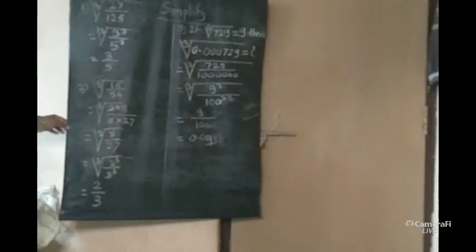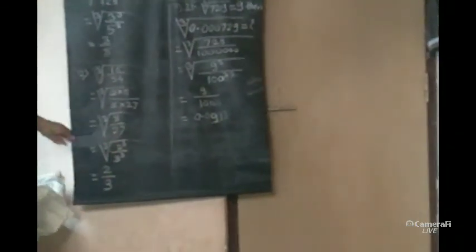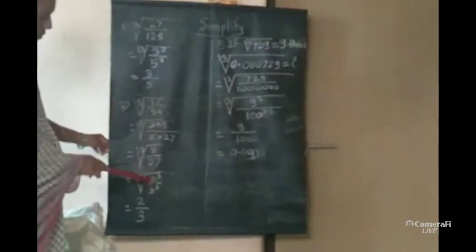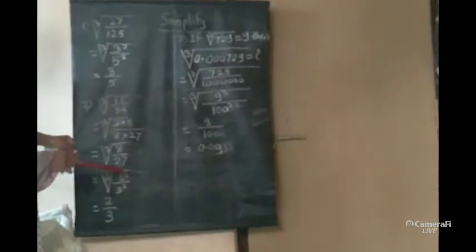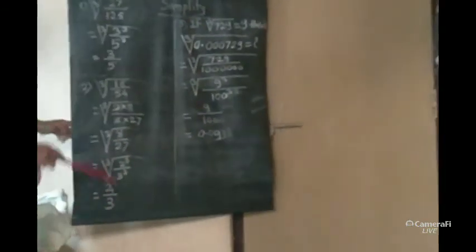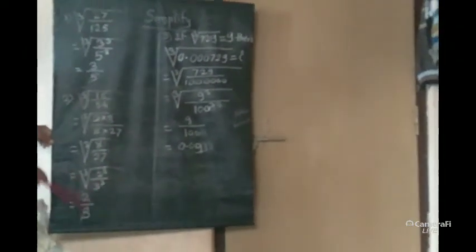We can write 8 as cube of 2 and 27 as cube of 3, so it is the cube root of 2 raised to 3 upon 3 raised to 3. Now we cancel the index and cube root sign. So the cube root of 16 upon 54 is equal to 2 upon 3.